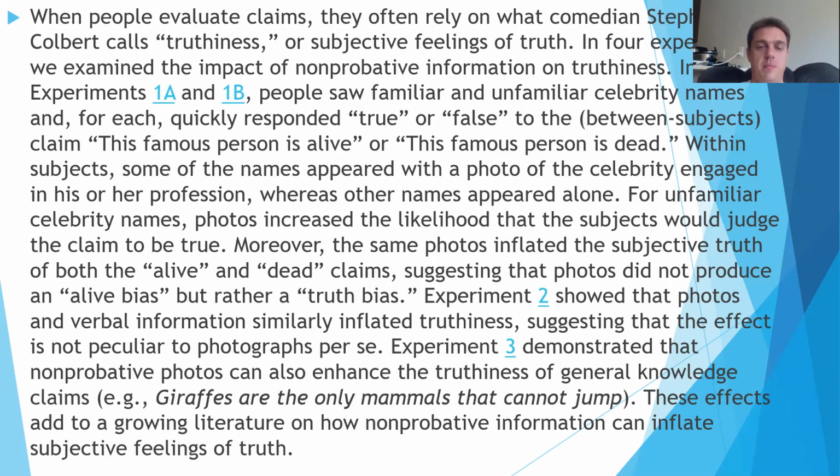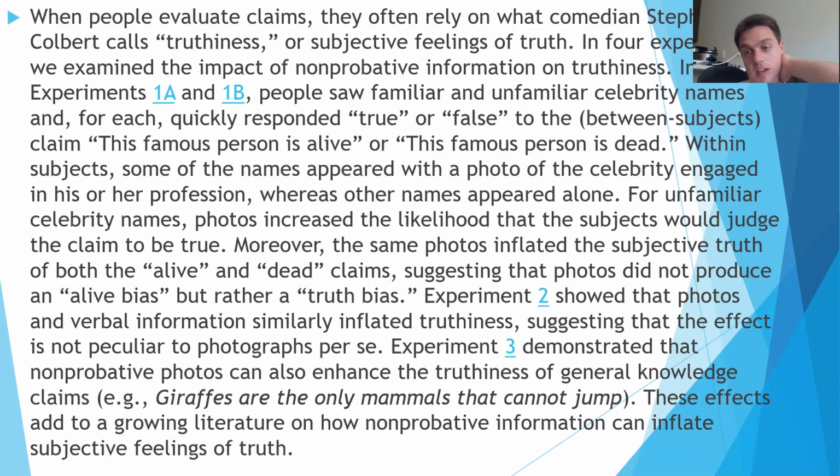Okay, we examine the impact of non-probative information on truthiness. I think it would be great, maybe in place of the first sentence, to explain what is meant by non-probative information. So what they actually mean is that presenting a photo of something doesn't really suggest the statement is true, it's just information.